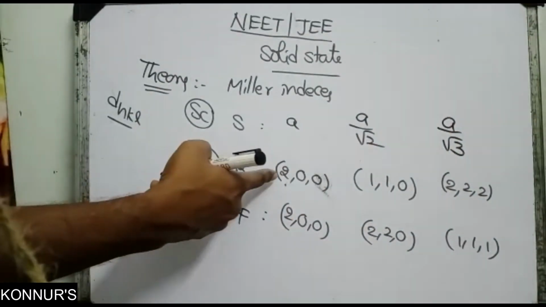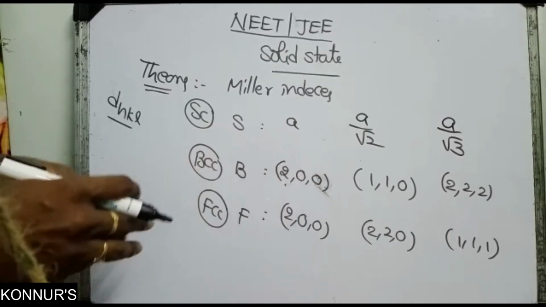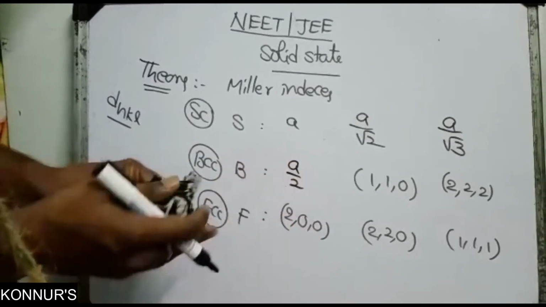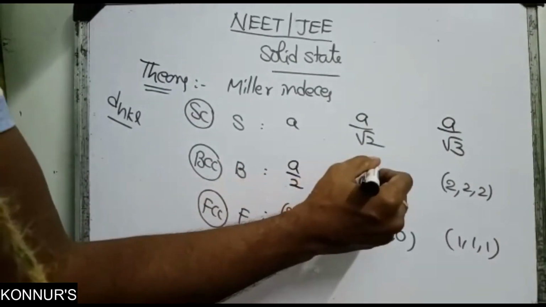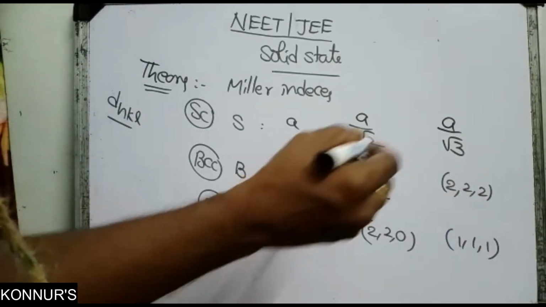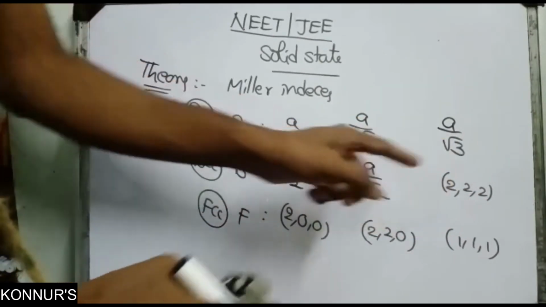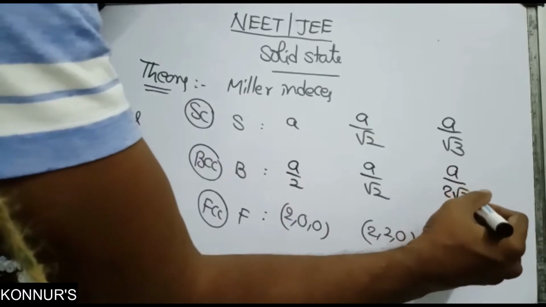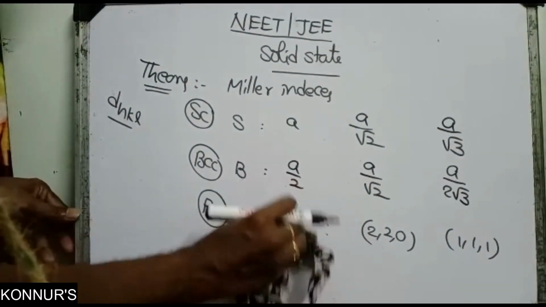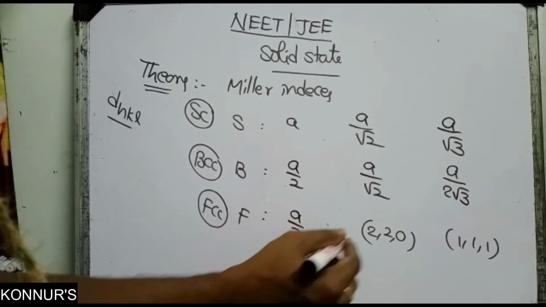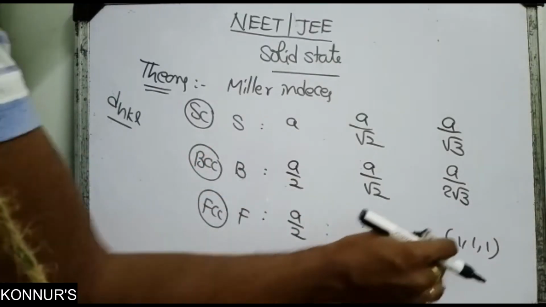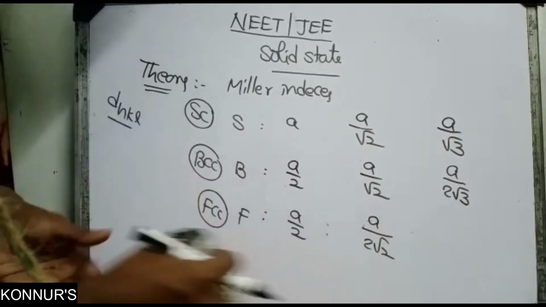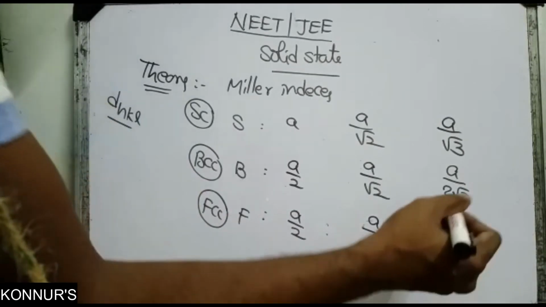Next BCC: a by under root of 2 square plus 0 square plus 0 square, that means a by 2; next a by root 2; next a by under root of 2 square plus 2 square plus 2 square, that means a by 2 root 3. Next for FCC: a by 2, a by 2 root 2, and a by root 3. Suppose they will ask this one.